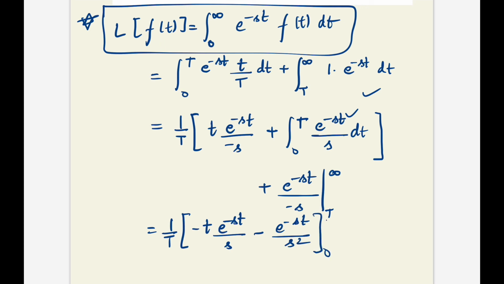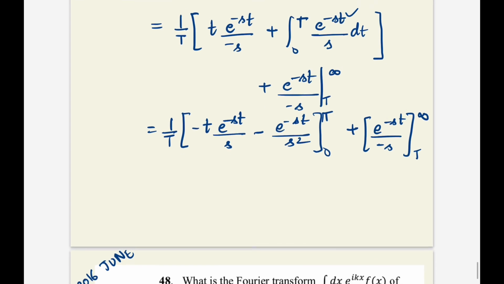Now the limits are 0 to T. This is a bit clumsy. The second is e to the power minus st by minus s from T to infinity.